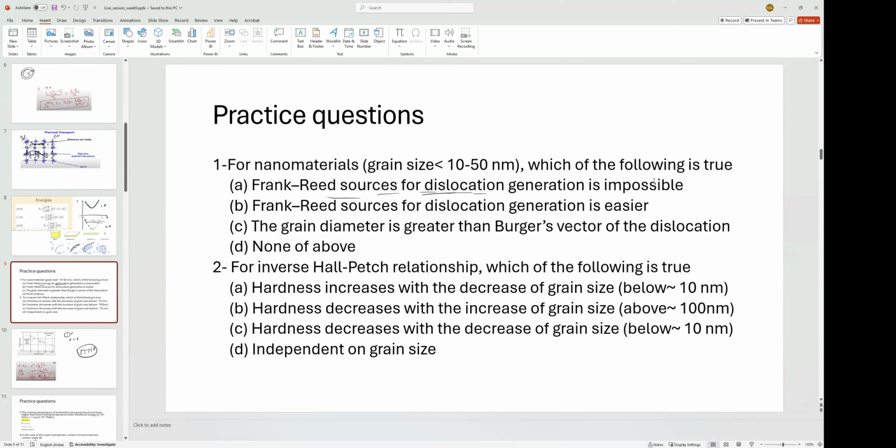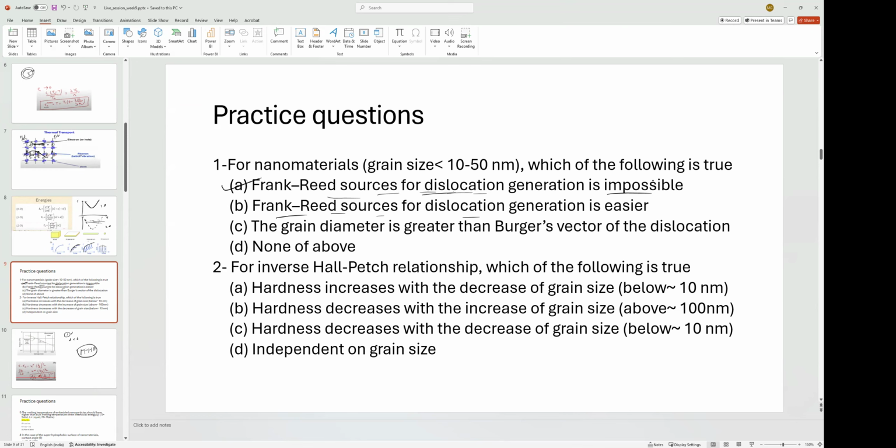So if your particle size is too small, these dislocation sources cannot form. Different sources for dislocation generation are impossible. If the particle is very large, the dislocation source will be easier.